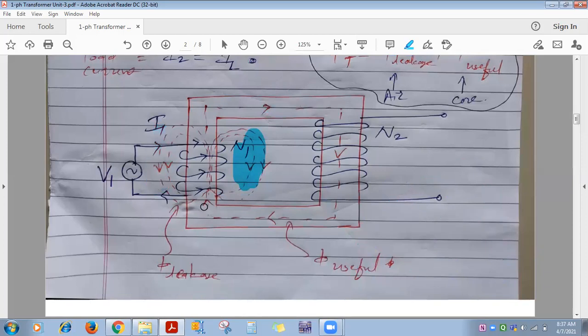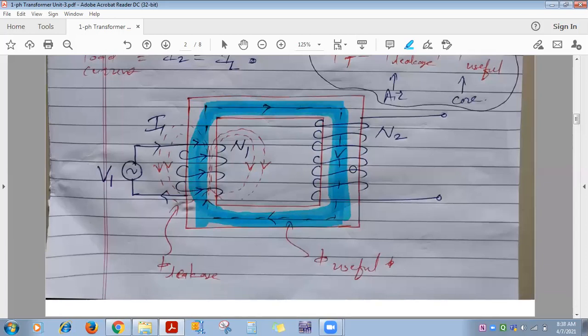All of you know that current always prefers the minimum opposition path. The same is the thing with magnetic lines of force, that is magnetic flux. It also prefers the minimum opposition path. That's why maximum percentage of flux, that is 95 to 98% of flux, completes its path through the core in clockwise direction.